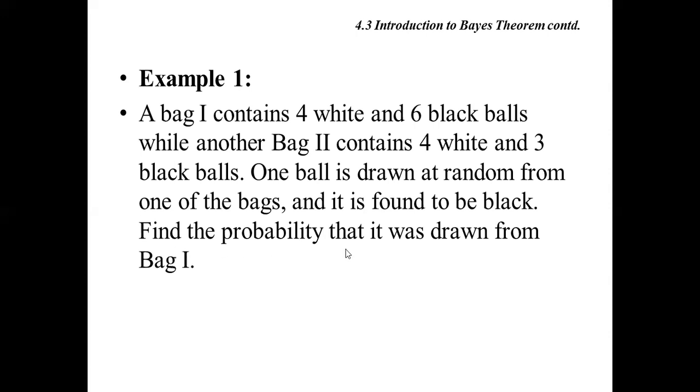Then find the probability that it was drawn from bag 1. So here we are talking about an event occurrence, that is, a black ball is the output. Then we want to find the probability that it came from bag 1.